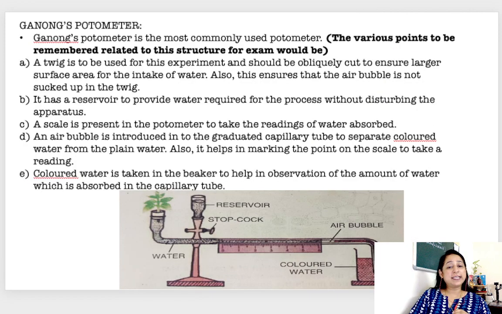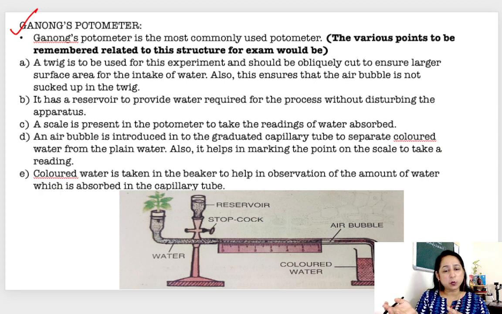Now, the next is Ganong's potometer. When I use the term Ganong's potometer, the paper pattern has changed. The latest paper pattern is different as compared to the paper pattern which was followed before 2020. Before 2020 it was altogether different.